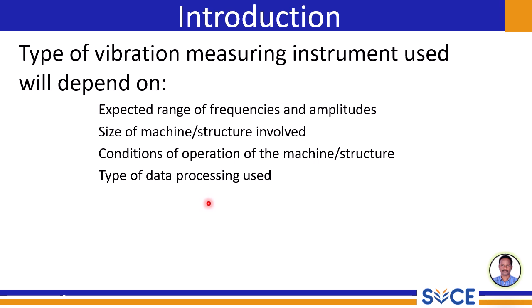Therefore, when faced with a vibration measurement task, it's crucial to carefully consider these factors: the expected vibration characteristics, the physical aspects of the system, the operational environment, and the intended data analysis methods, to ensure that we select the most appropriate and effective vibration measuring instruments for obtaining accurate and meaningful results.